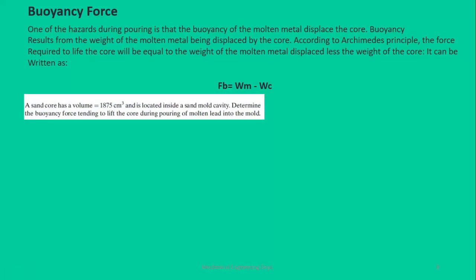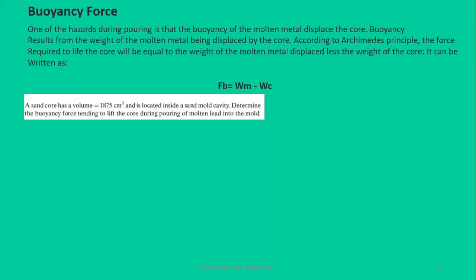One of the hazards during pouring is that the buoyancy force of the molten metal displaces the core, and we have discussed that before. But how to calculate that buoyancy force when we are pouring a molten material? Buoyancy force results from the weight of the molten metal being displaced by the core.